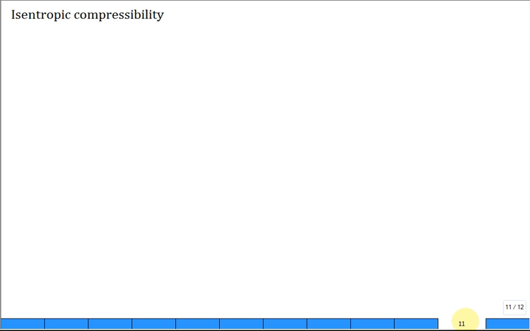How about the isentropic compressibility? Well, the isentropic compressibility alpha is defined as negative 1 over the specific volume times how the volume changes as I change pressure holding S constant, isentropic. True? All right. Now, this is a tough one.